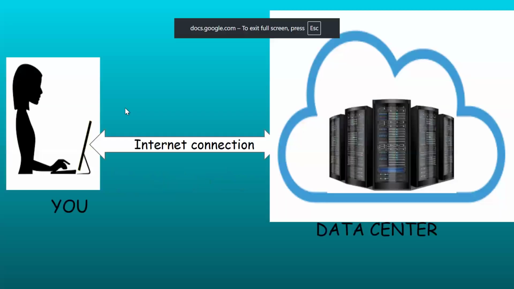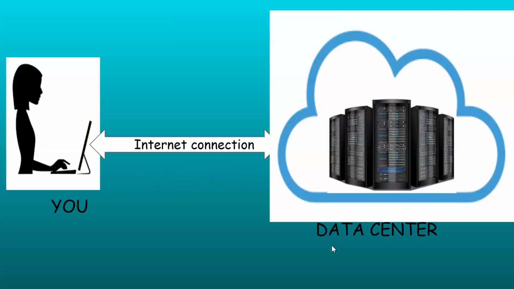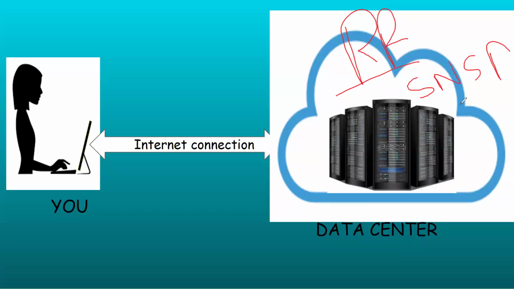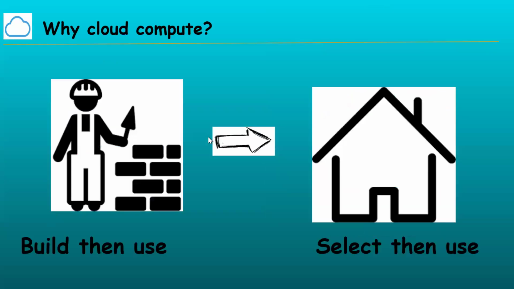You know very well what a data center is: huge computing power kept rack-wise. From this data center, the remote-placed resources such as servers, network, storage, and databases, if we can access and control them over the internet from a laptop, that is exactly cloud computing.